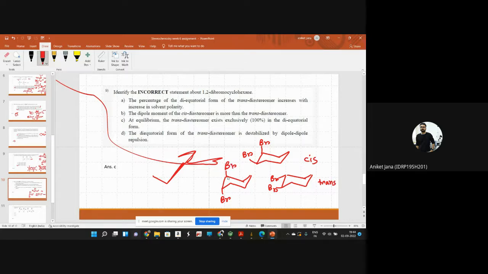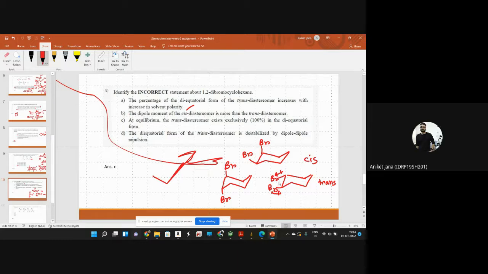So the percentage of the di-equatorial form of the trans diastereomer increases with the increase in the solvent polarity. Yes, this is true. As there is the dipole-dipole repulsion between the two bromine groups, bromine also has some significant dipole.